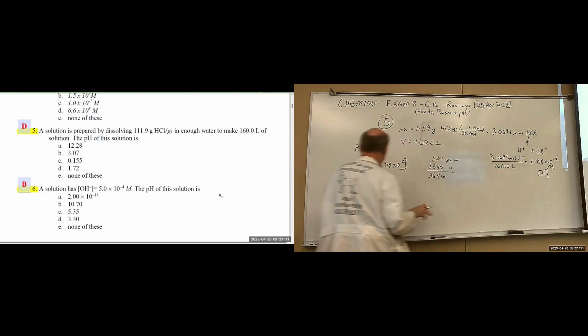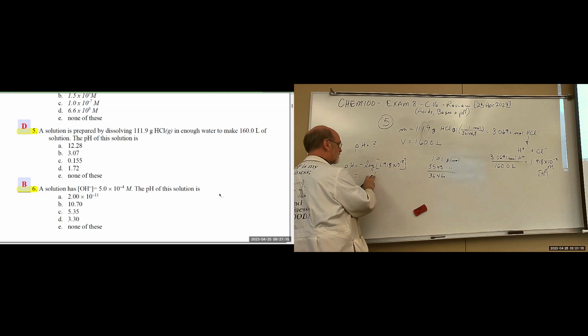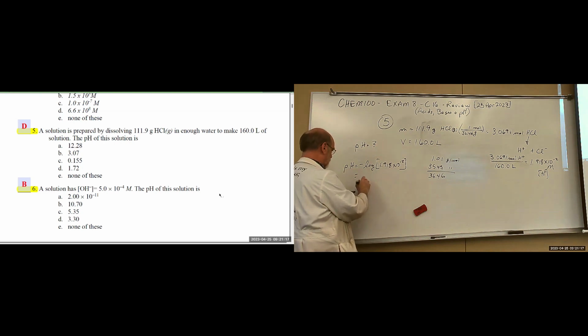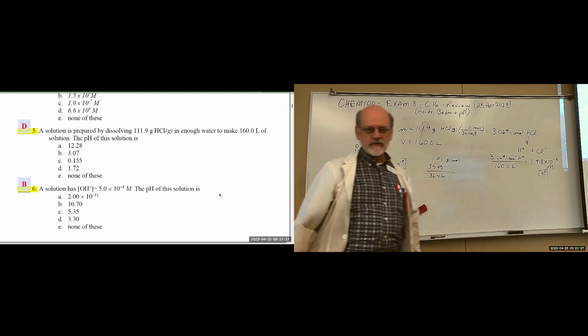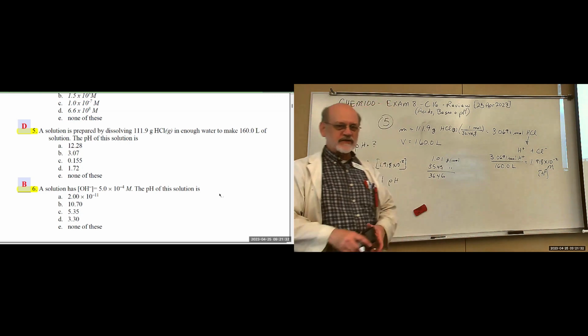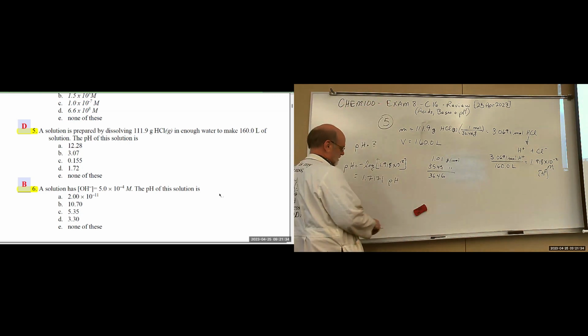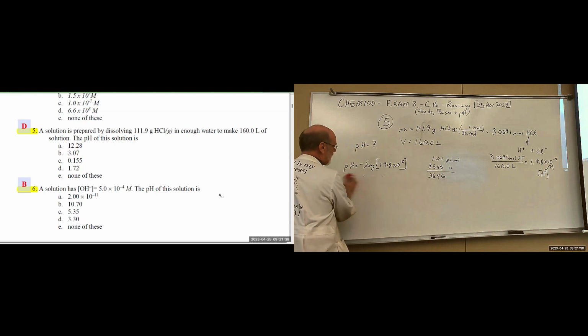So technically speaking, we could have 4 decimal places in our log number. Right? 1.7171 pH. Let's see, do we have one of those up there? Okay, the closest one is D, 1.72. All right, that's number 5.